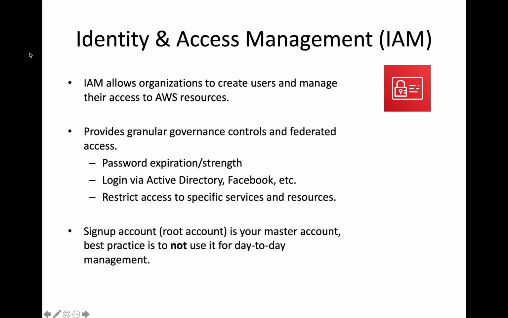So for example, when we look at S3 buckets or EC2 instances, you'll find that when you create an EC2 instance, you create it within a particular region of the world. Identity and access management doesn't work that way. Identity and access management is truly global. It works across all regions within your AWS account.